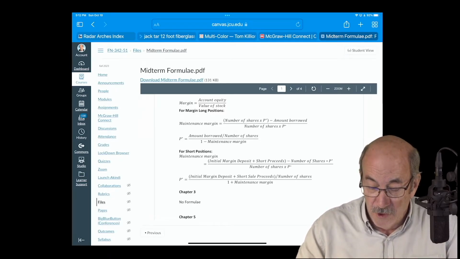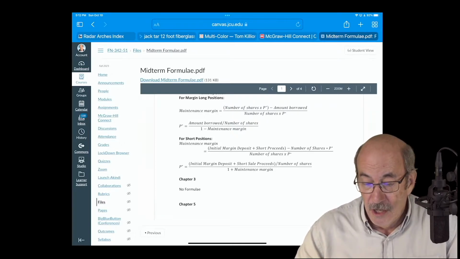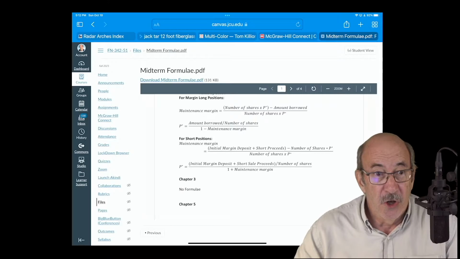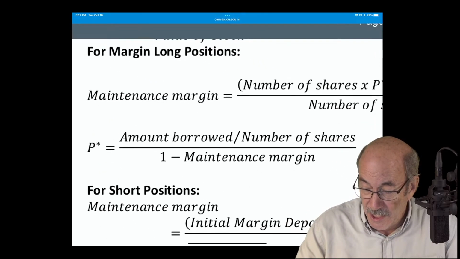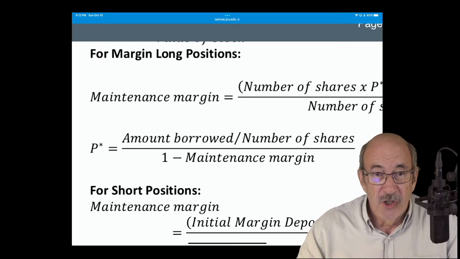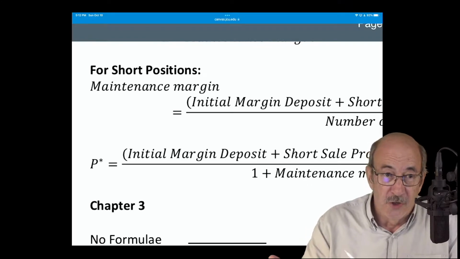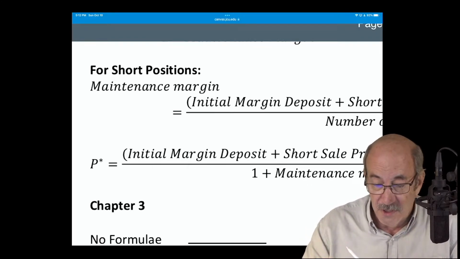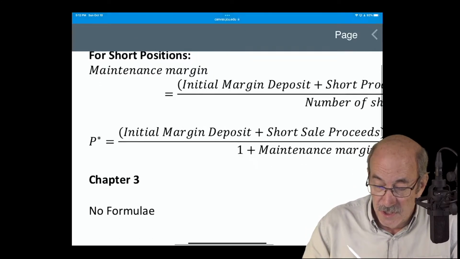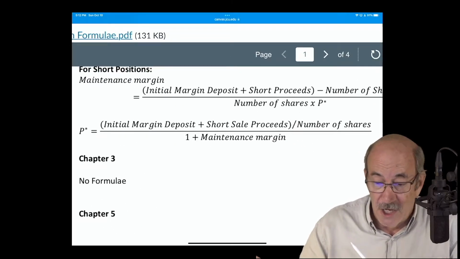There are two formulas for figuring out the price at which a call will occur. One of them is for a margin long position, and that's this one right here. And notice at the very top, it says for margin long positions. But we're in a short position, so we want to use this formula right here. So we should get the same number that I just got.